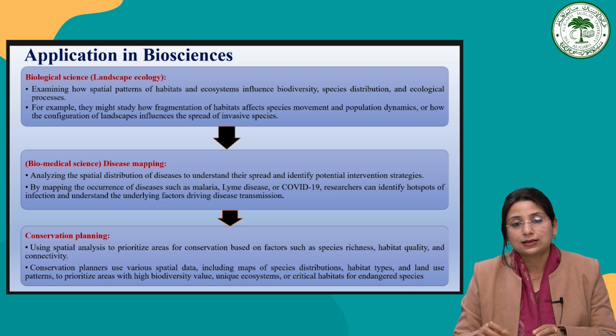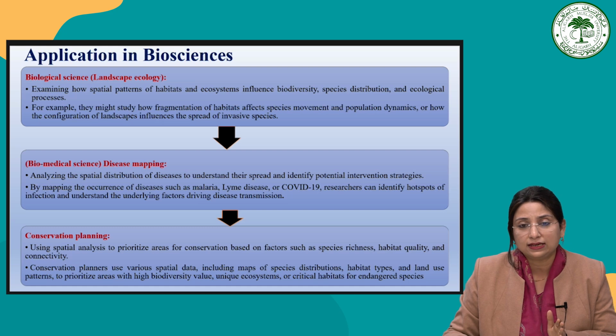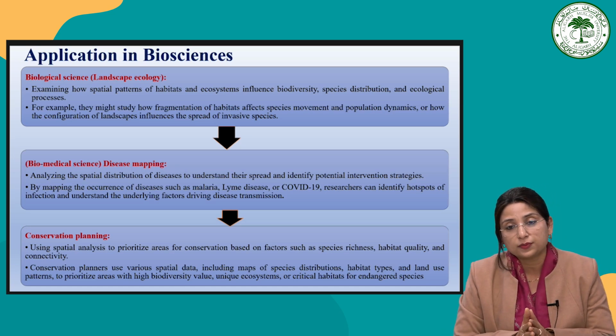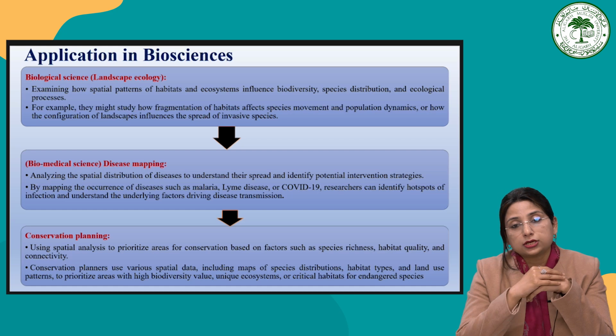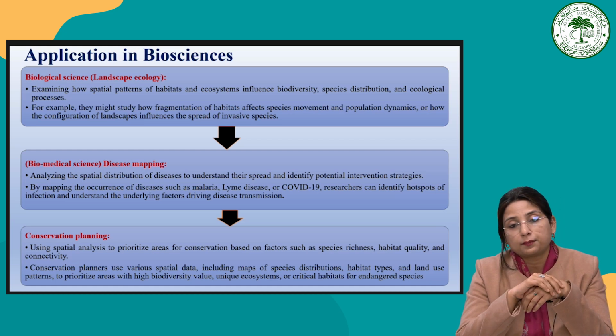Overall we can say that the integration of landscape ecology, what we have discussed earlier, disease mapping, and conservation planning is very important for holistic ecosystem management and biodiversity conservation. By understanding how spatial pattern influences ecological processes and disease dynamics, conservation practitioners can develop more effective strategies to protect ecosystems, mitigate the spread of diseases, and promote sustainable development.